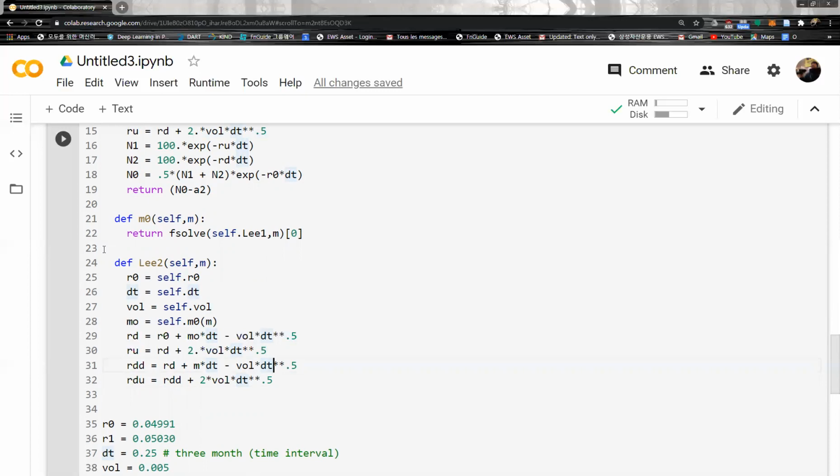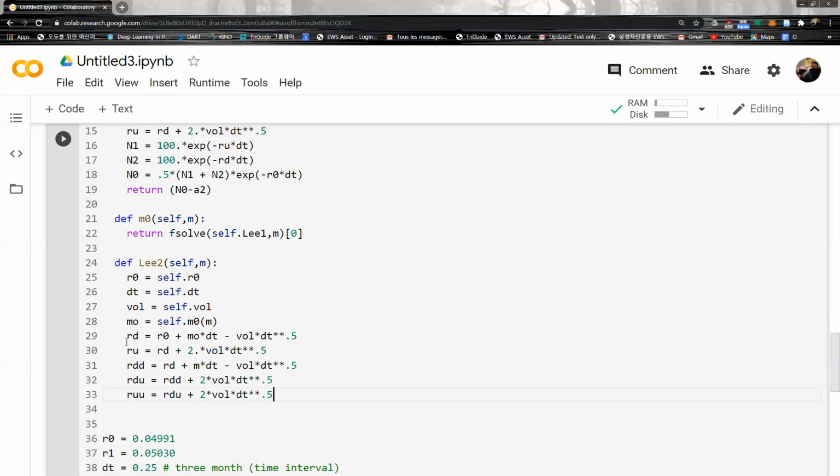And then RUU equals RDU, again, plus 2 times of this one. It is basically the same principle as this one. Here it goes up 2 times, and then here it goes another, cancelling out this one. So we always have to add 2 times, right?